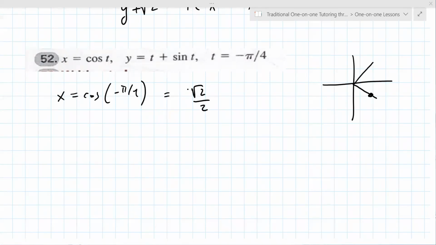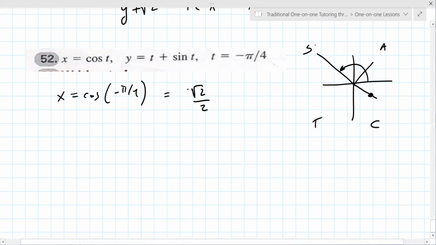Wait, so why in the last one was it negative? It was 3 pi over 4, which is over here. And in that quadrant, sine is positive, but cosine is negative.